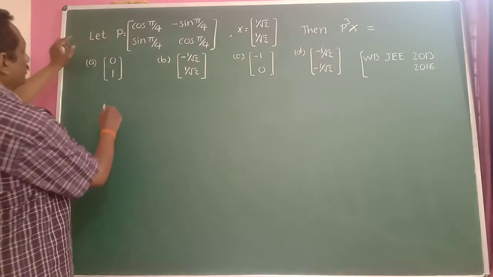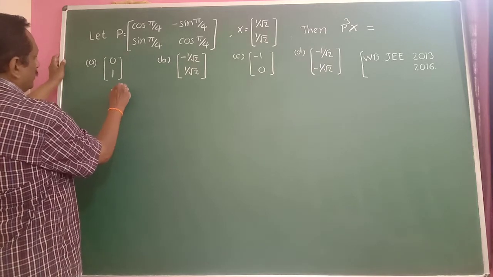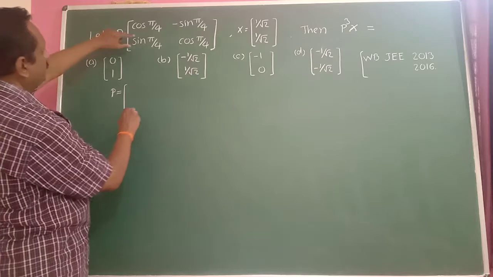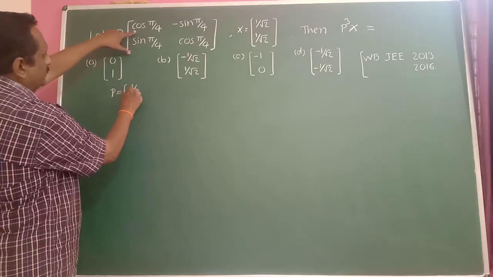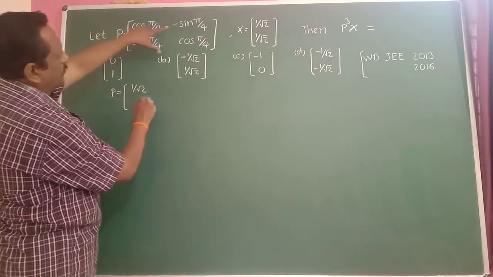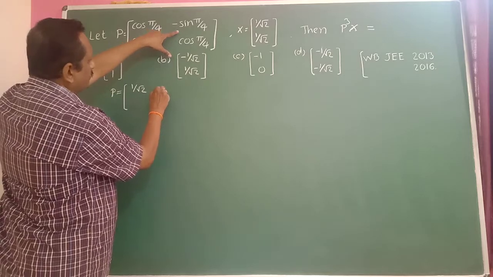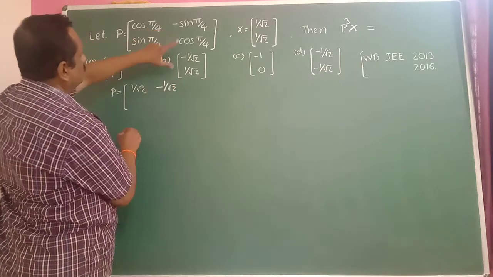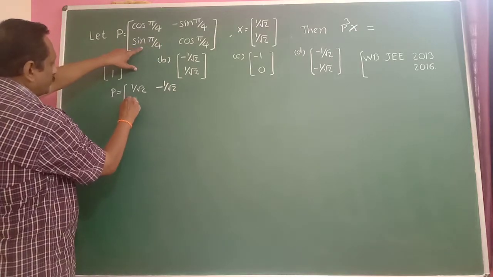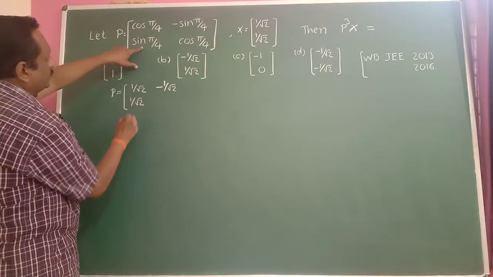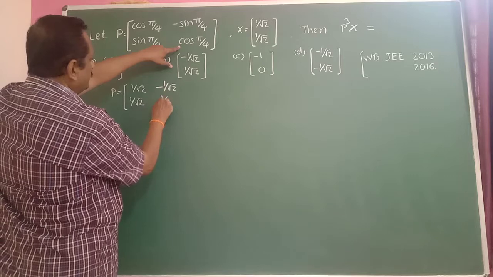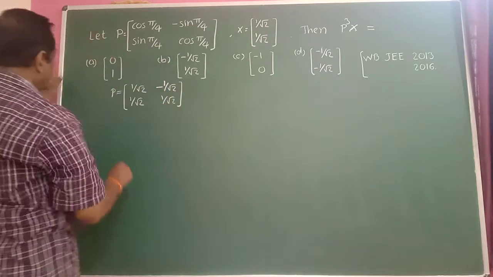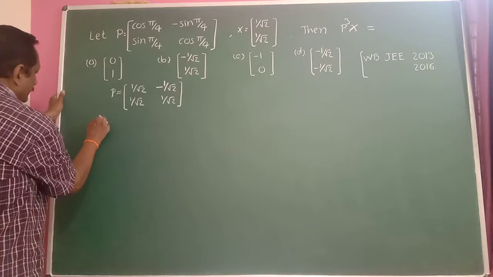Here P is equal to cos of pi by 4 here. Cos pi by 4 is 1 by root 2 here. 1 divided by root 2. Sin pi by 4 again 1 by root 2, minus here. Minus of 1 divided by root 2, sin pi by 4 is 1 divided by root 2, cos pi by 4 is 1 divided by root 2. Then find your P square.